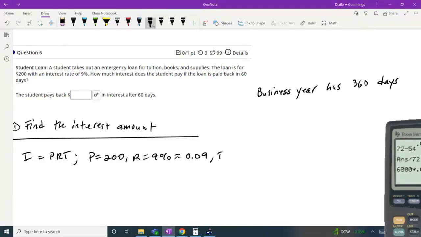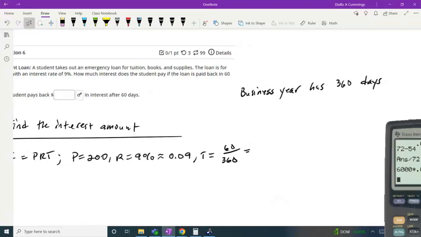So in order to express days in terms of years, I'm going to take 60 days and divide that by 360. If I simplify 60 over 360, I get 1/6 of a year.